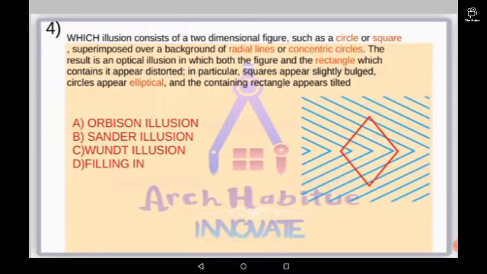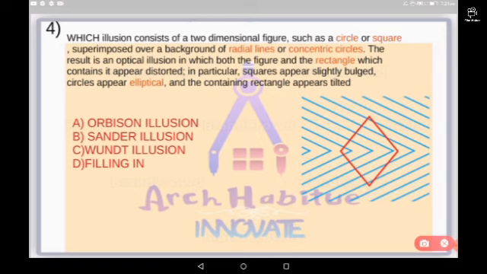Now this was our last question. Which illusion consists of a two-dimensional figure such as a circle or square superimposed over a background of radial lines, and this makes the two-dimensional figure look three-dimensional or bulging out like that? As in the figure, you can see the two-dimensional square feels like bulging out from the background, right? Actually this is two-dimensional.